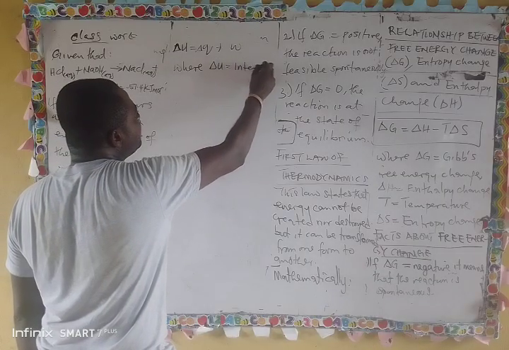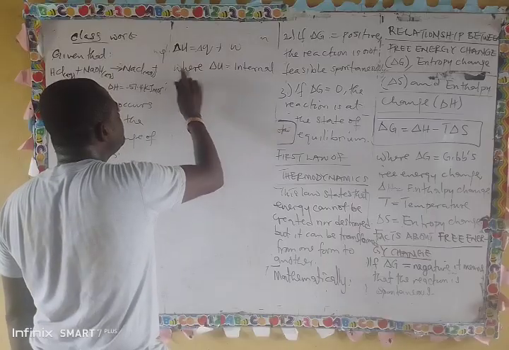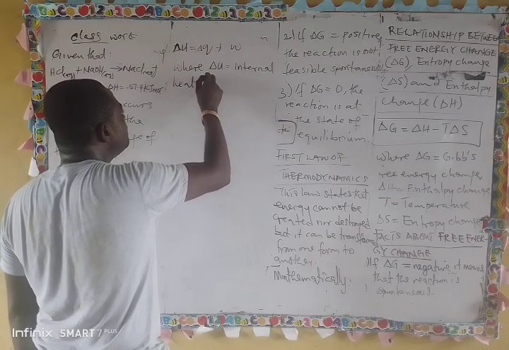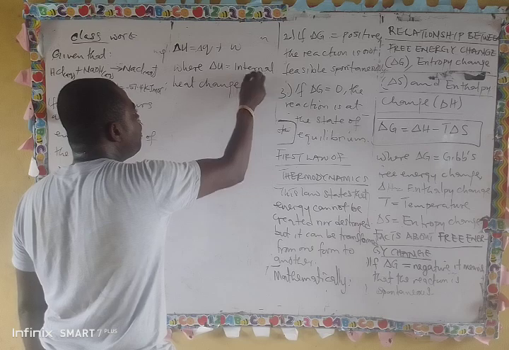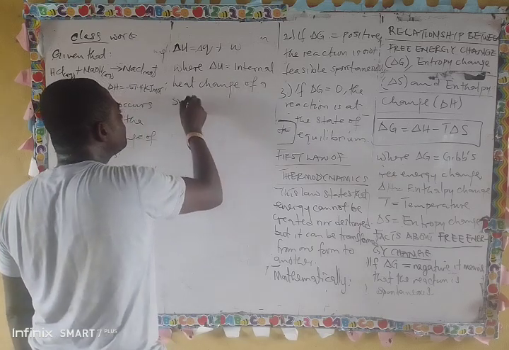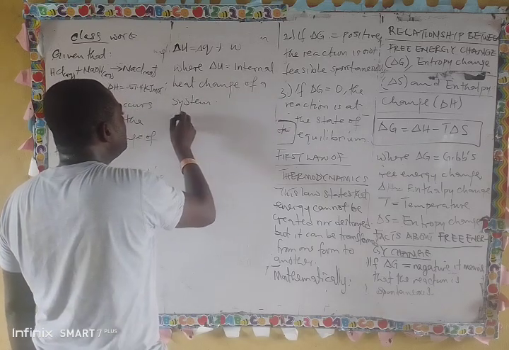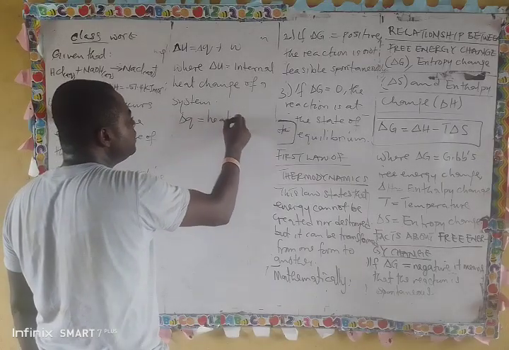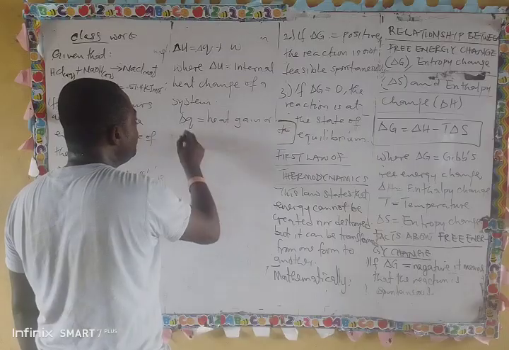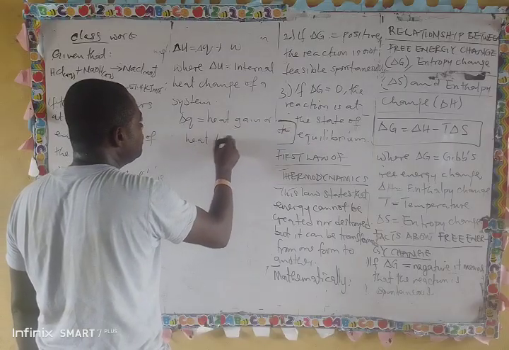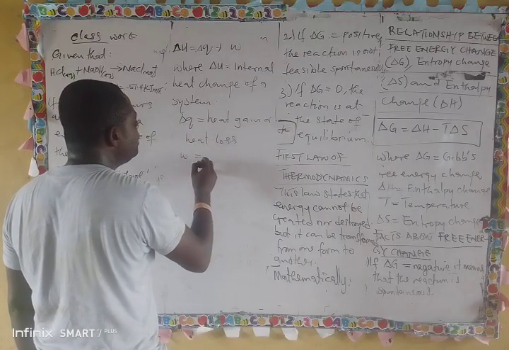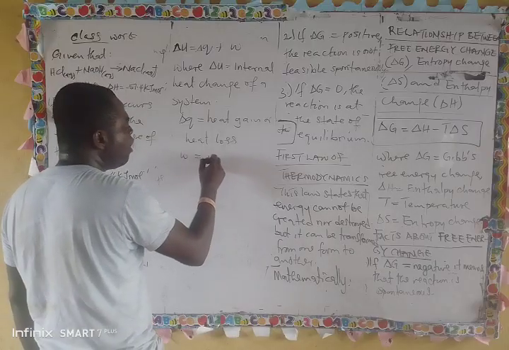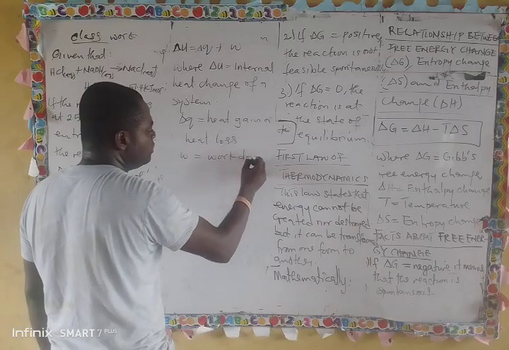Internal heat change of a system. Q means heat gain or heat loss. W is work done on the system.